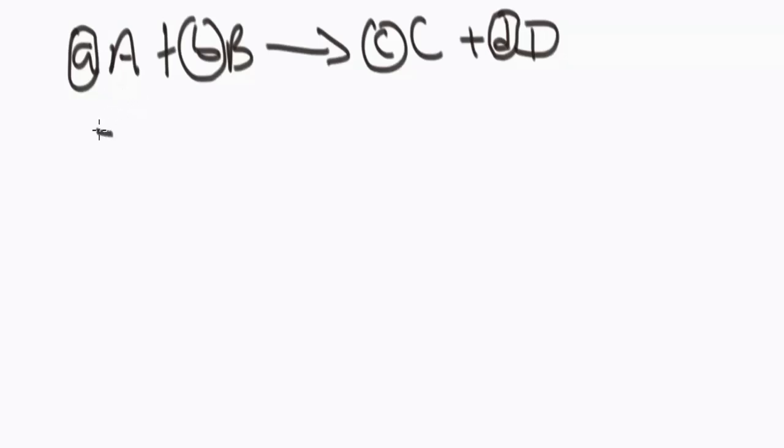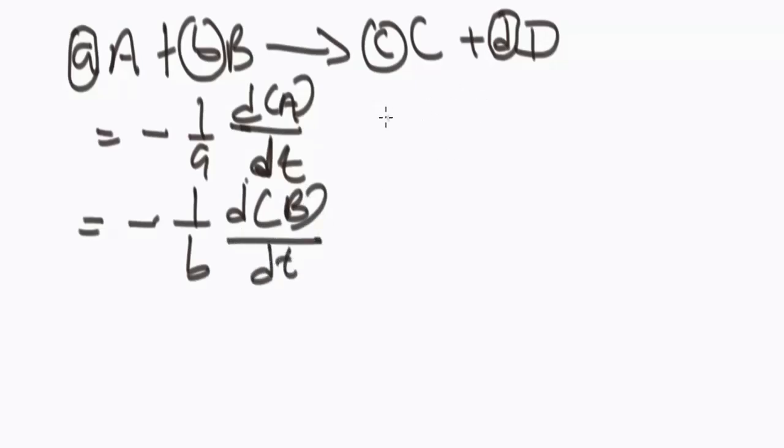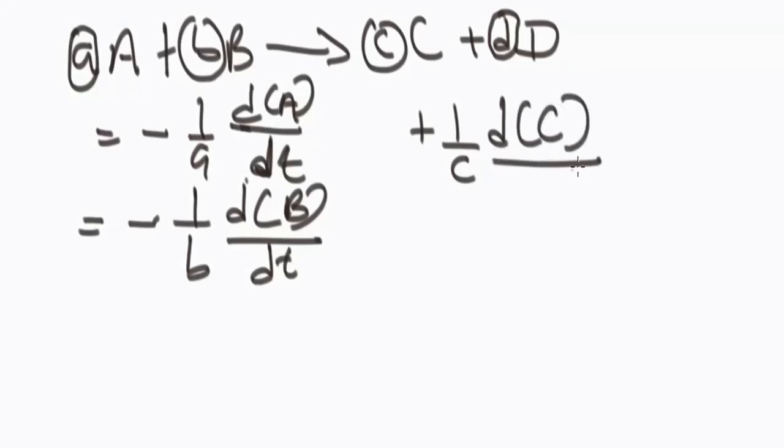So the disappearance of A is going to be minus 1 over a, where this a is the stoichiometric coefficient, times the change in reactant A over change in time, whereas the disappearance of reactant B will be minus 1 over b times change in reactant B over change in time, whereas the appearance of product C will be 1 over c times change in product C over change in time.